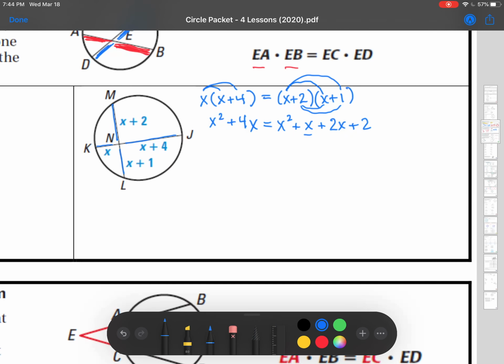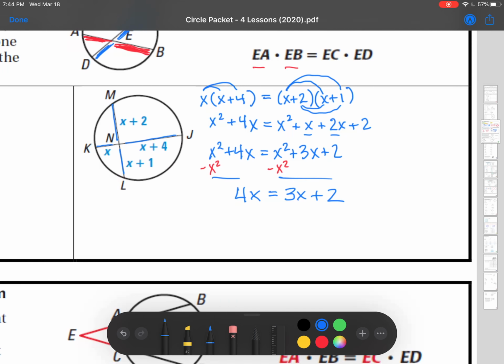Let's simplify that, add those like terms together. Beautiful. At first it looks like I might have to use the quadratic formula or something, but actually if I subtract the x squared from both sides, it takes care of that issue for me. So it's actually just a linear equation because there's no squareds in it.